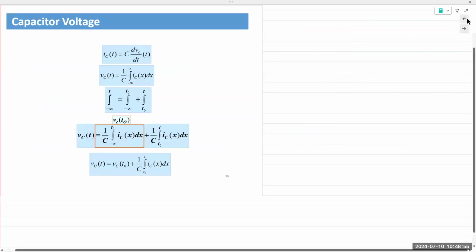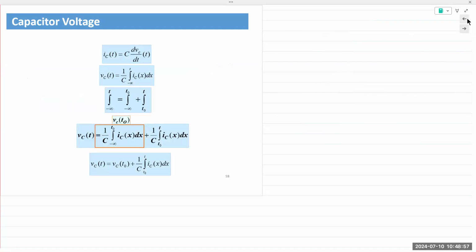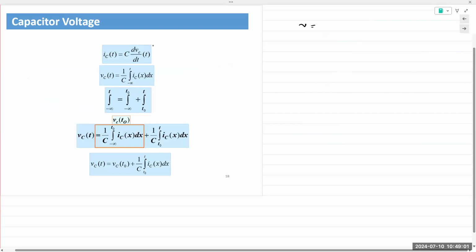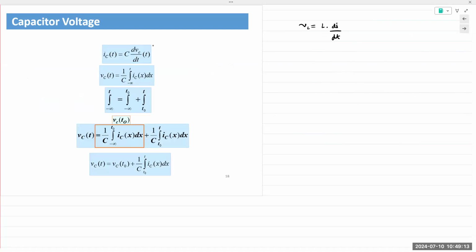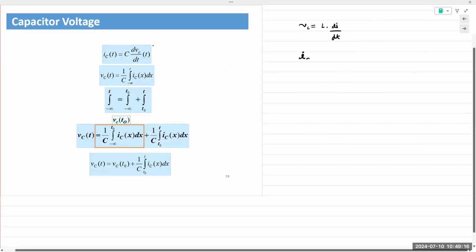The capacitance equation is exactly the opposite of the inductor. For an inductor, we had V_L equals L times di over dt. For a capacitor, we write the capacitor current equation: i_C equals capacitance C times dv over dt.